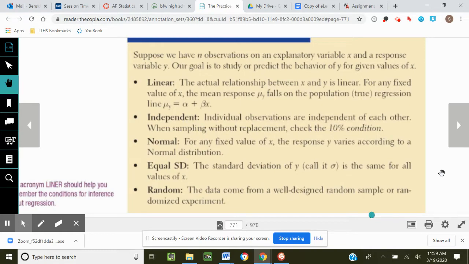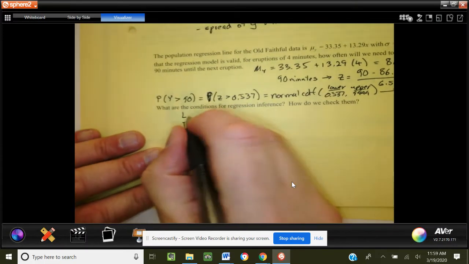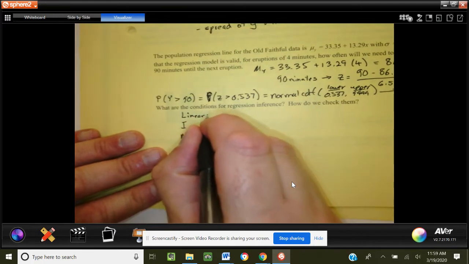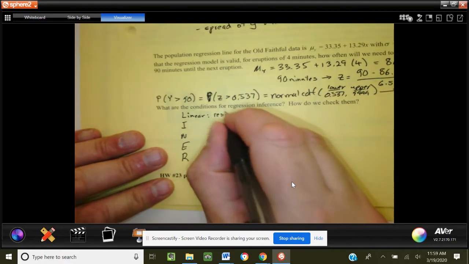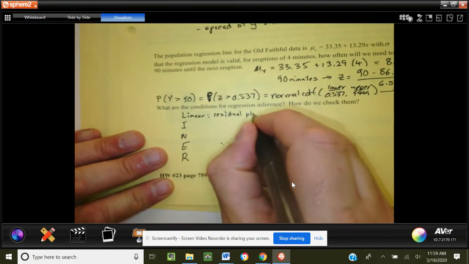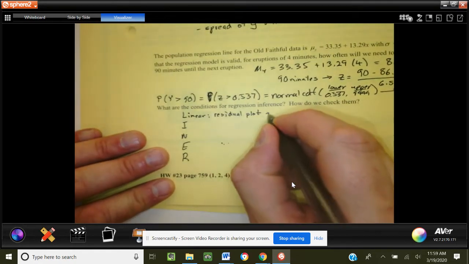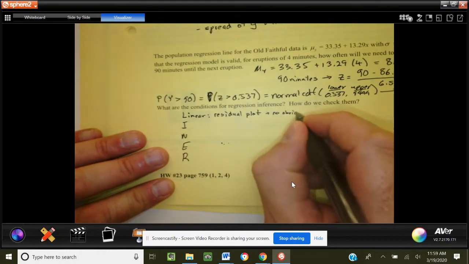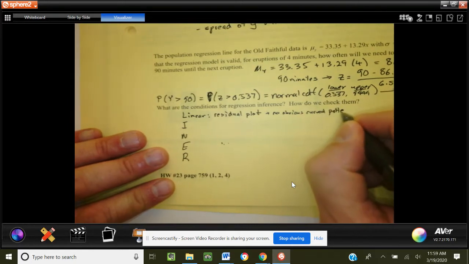So let's get a little bit more specific about how to check those conditions. For L, which is linear, we want in the residual plot, and the residual plot is always better than the scatter plot for checking linearity, no obvious curved pattern. You could also look at the scatter plot.